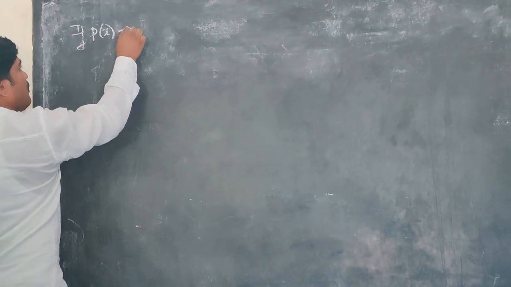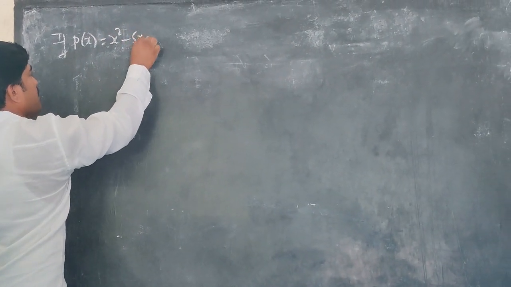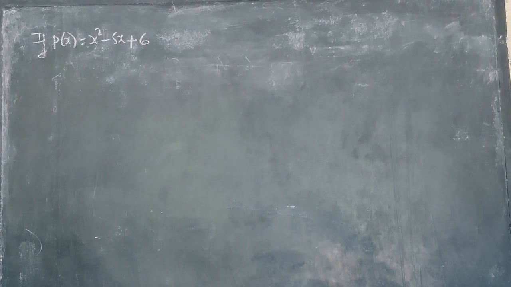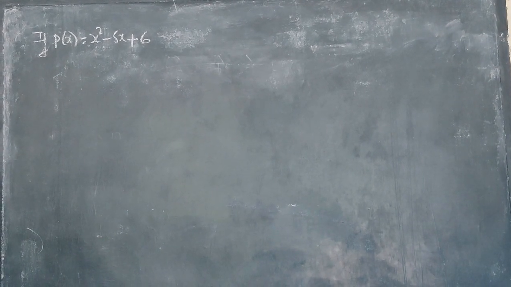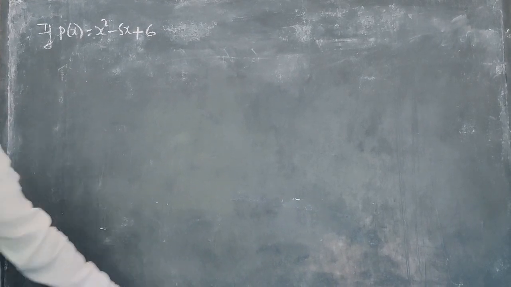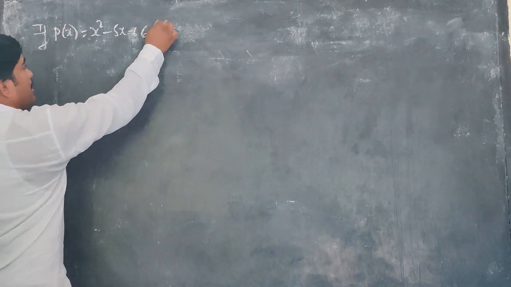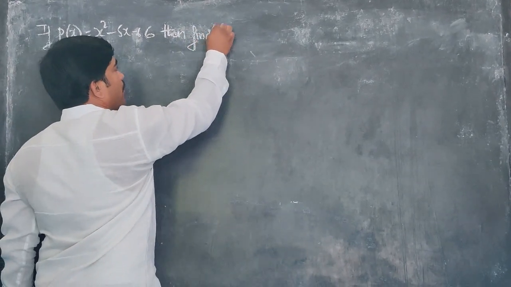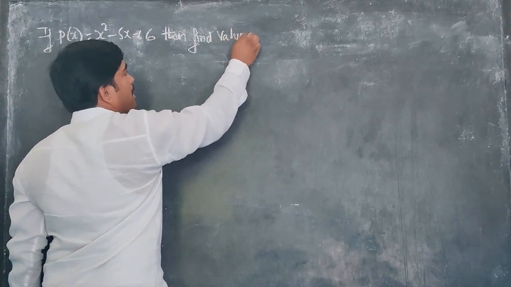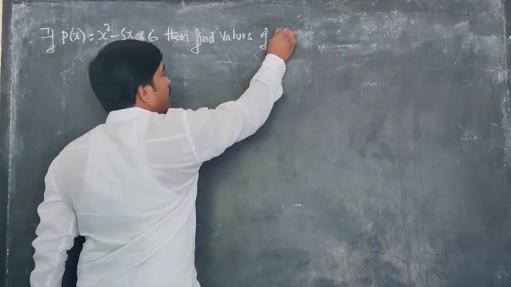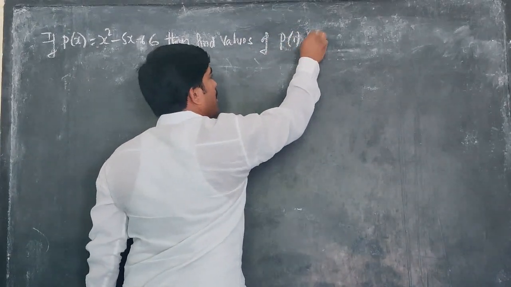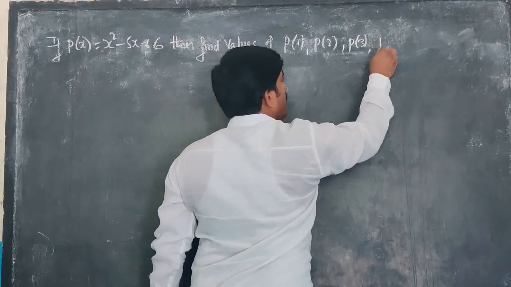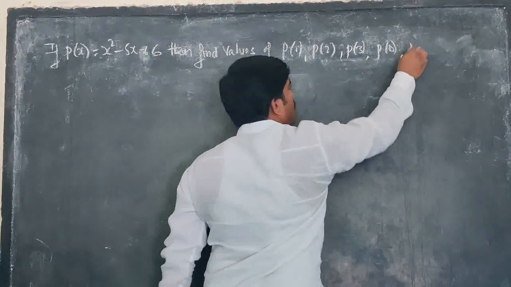If p of x equal to x square minus 5x minus 6, then find the values of p of 1, p of 2, p of 3, or p of 0 or so many.